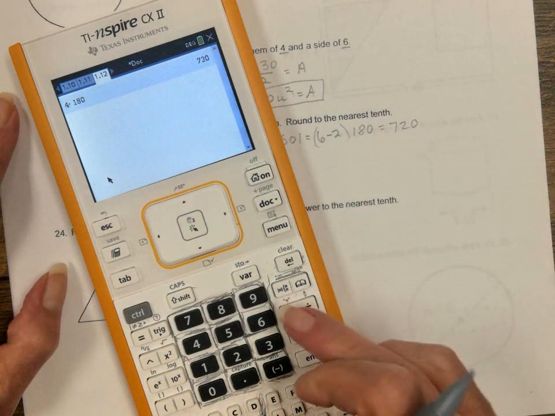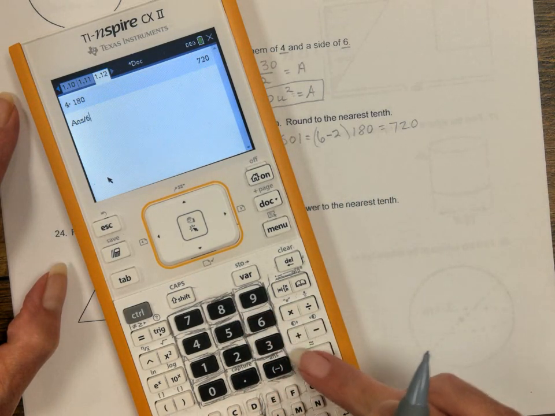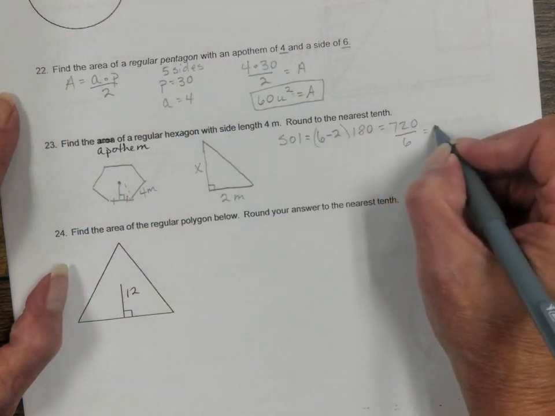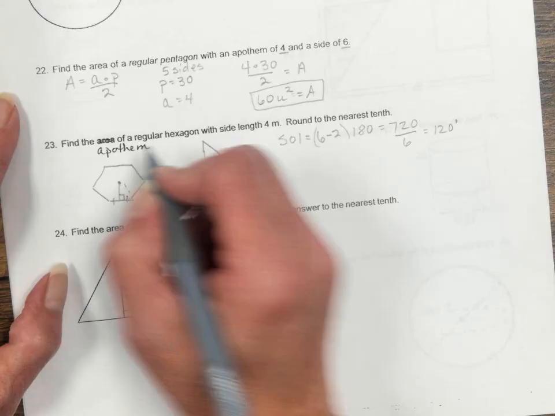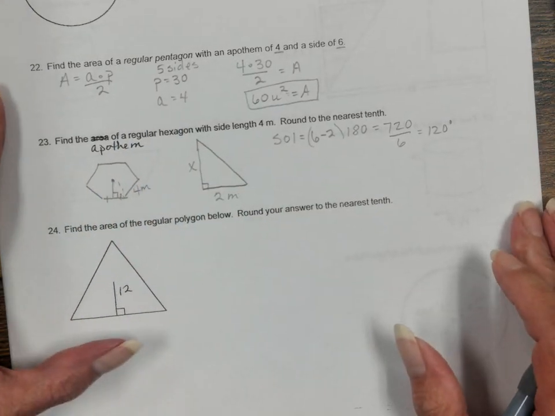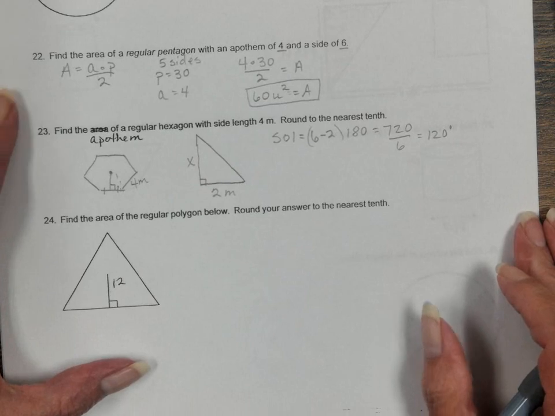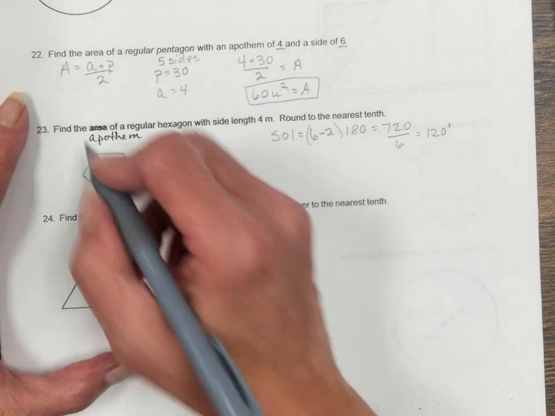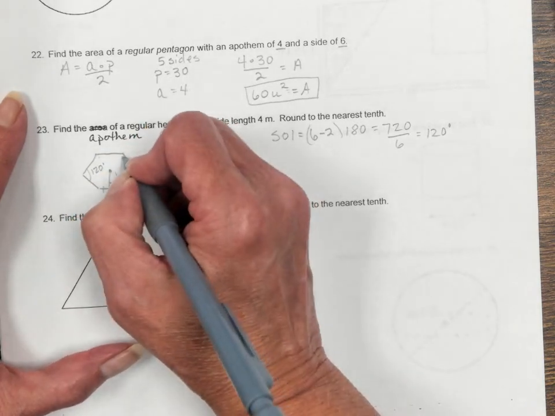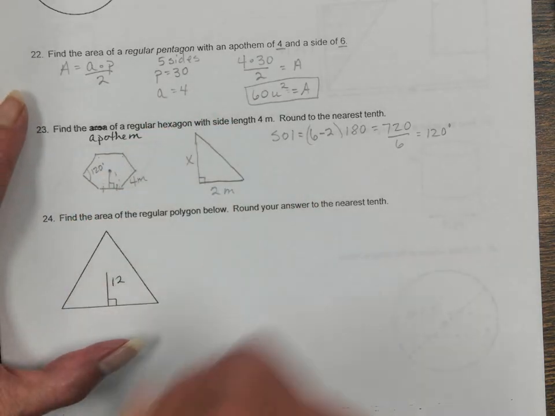And I'm going to divide it by the 6 angles that I have. So each angle in my regular hexagon, remember, regular means all sides are congruent and all angles are congruent, is 120. So this angle is 120. So is that one and that one and that one and that one and that one.